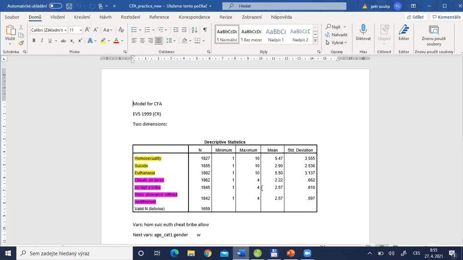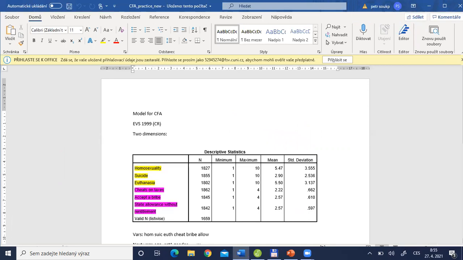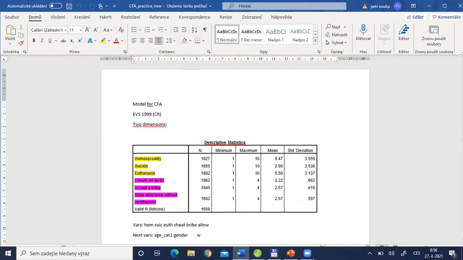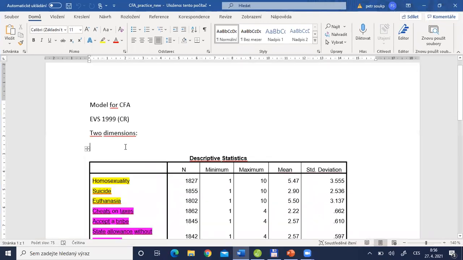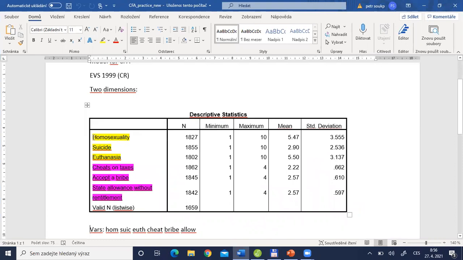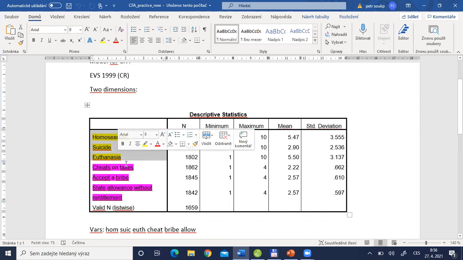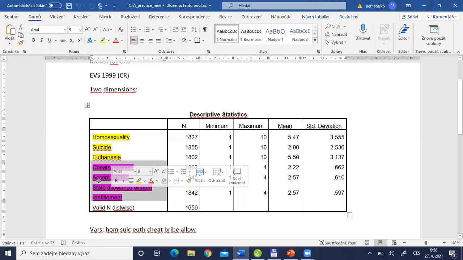It is a brief description of the data that are available for you. So I would make it bigger. You should expect two dimensions in your data. There are three questions about homosexuality, suicide, and euthanasia. These are three questions that are expected to be related to each other. The next three items, once again related to each other, are cheating on taxes, accepting a bribe, and state allowance without entitlement.